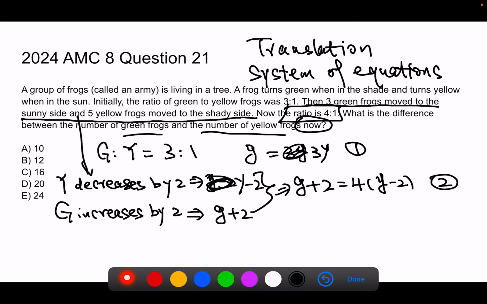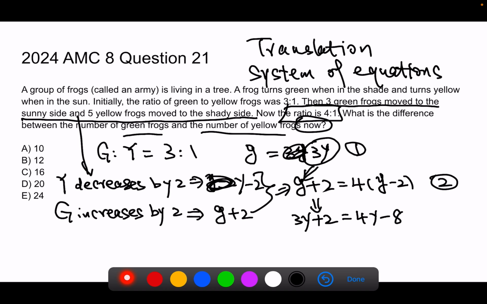Then you can solve for it. Well, in this case, G equals 3Y, so you can express G using Y. That's how you cancel variables. Because now, by using equation 1, G is 3Y, you can replace the G in equation 2 by 3Y. And then you will get 3Y plus 2 equals 4Y minus 8.